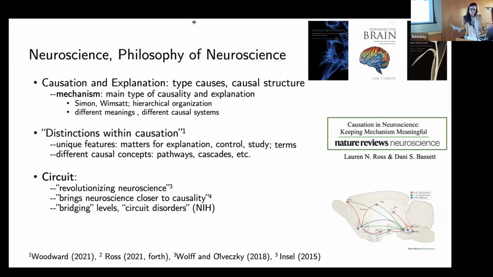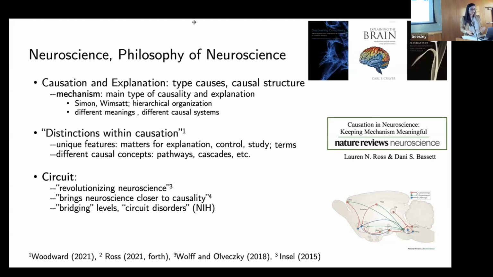In the wonderful talk by Mike Yassa earlier today, we had him refer, quote, to the dysfunction happening at the level of the circuit. So it's very common to see reference to circuits in discussing different types of disorders and being able to bridge lower levels and higher levels. There are different types of methods and techniques that neuroscientists use to intervene on and manipulate circuits.